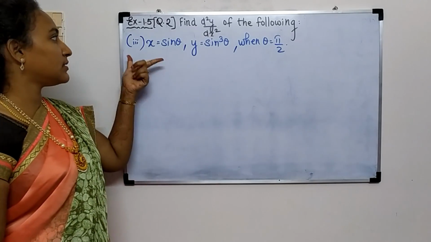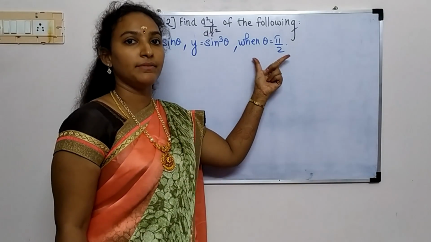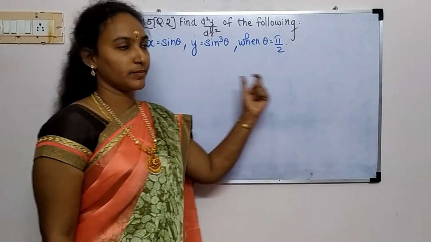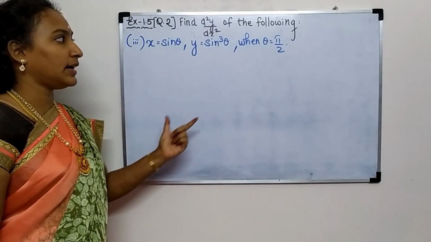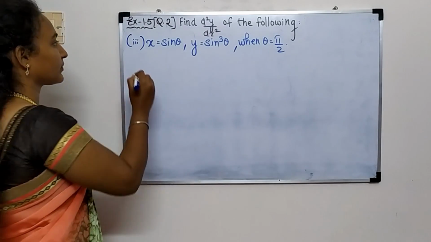The difference is in the third question and the fourth question, they are asked to find the value at theta equal to pi by 2 or any t. So let us solve it like the previous problem, and at last we can find theta equal to pi by 2.